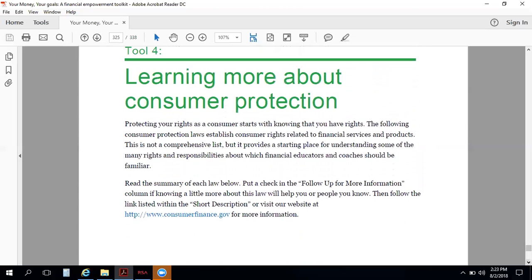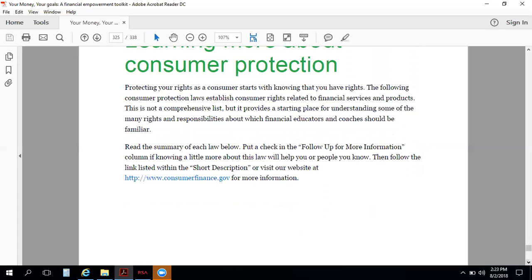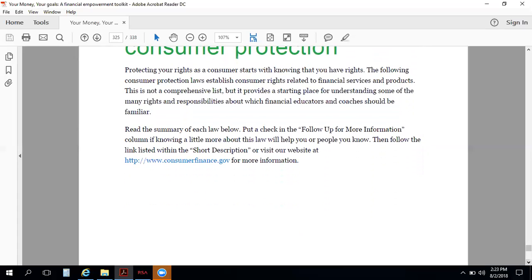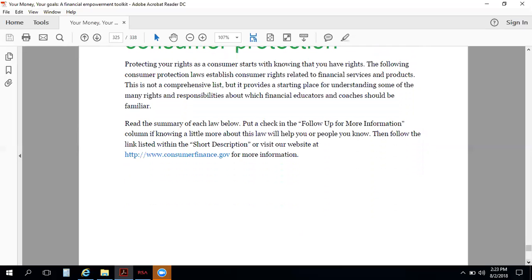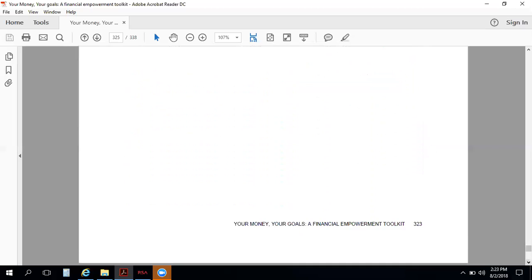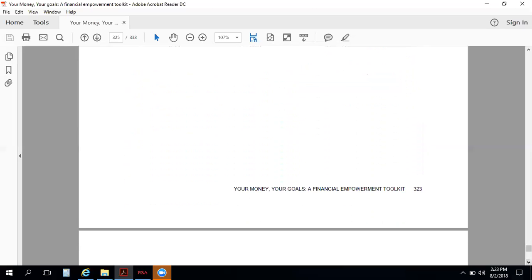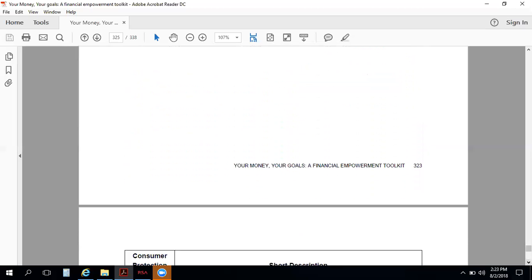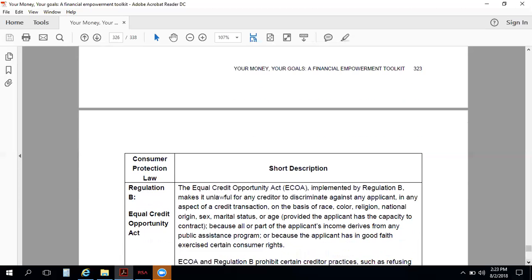Tool 4 is learning more about consumer protection. This is just where a client can go to get some more background information on the Consumer Financial Protection Bureau, consumerfinance.gov. It talks in more detail about who they are and what they do.